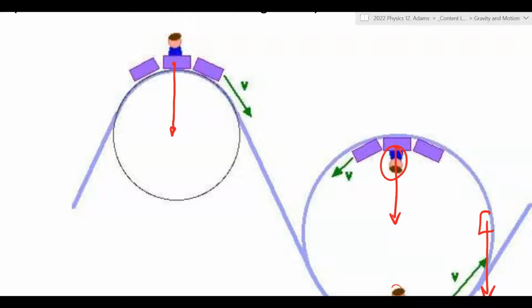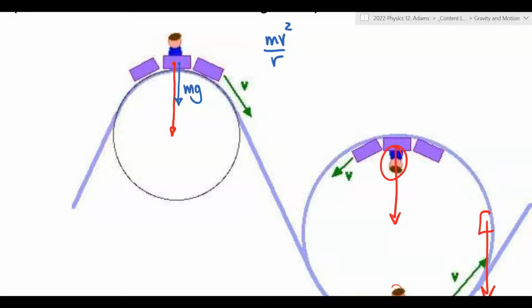Now, depending upon how fast you're going, what your mass is, and how tight the circle is, mv squared on r, that centripetal force requirement might be big, small, or whatever. It varies. But certainly one thing that won't vary is, I'll make it small to start with, your weight force is going to be supplying some or maybe all of your centripetal force.